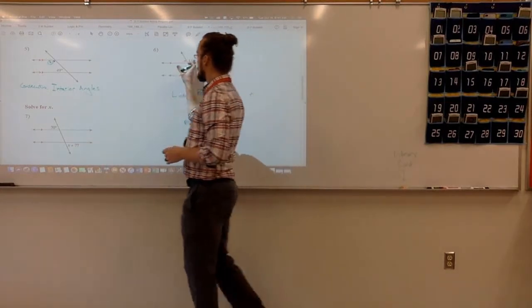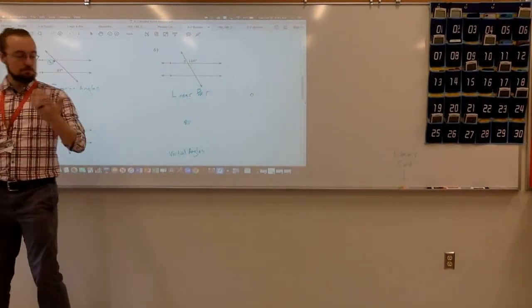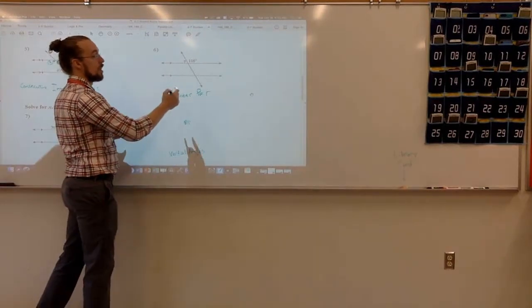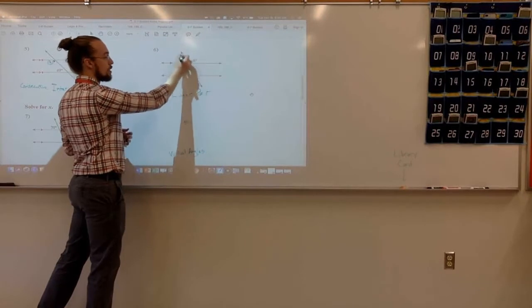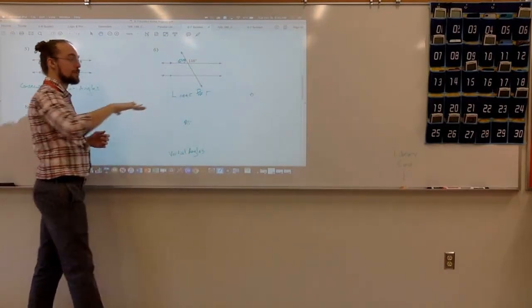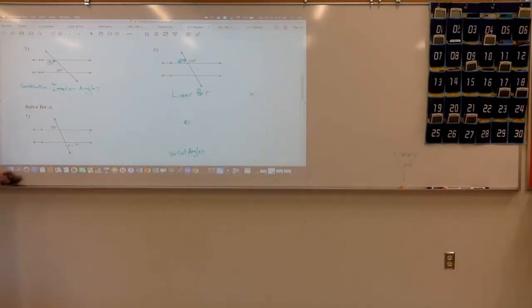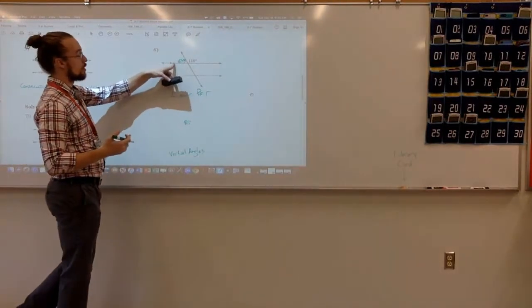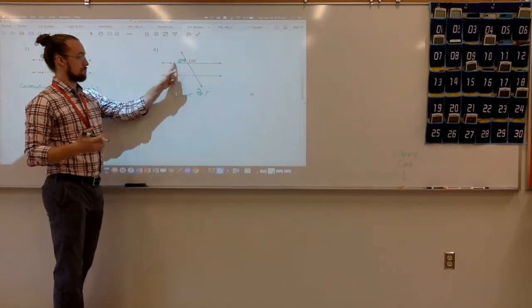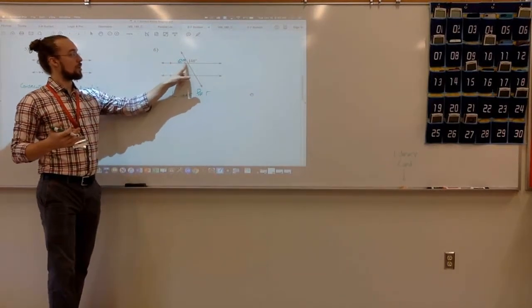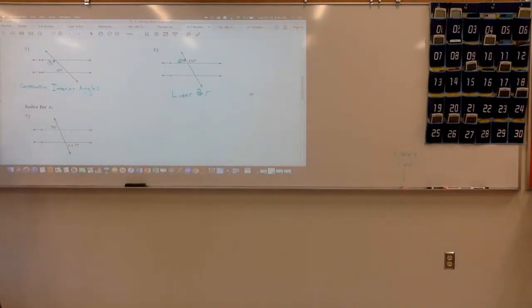If two angles are right next to each other, share a side and make up a straight line, they are a linear pair. And we know linear pairs add to 180. So I could just say these two angles would add to 180. 180 minus 116 is 64.